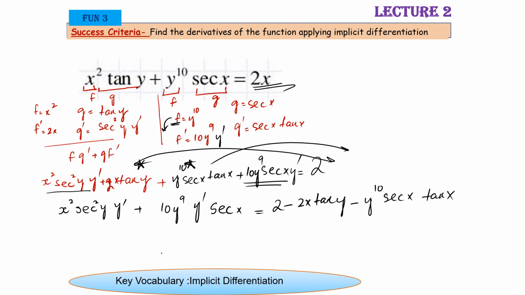Now take only the y prime as a common factor. You will be left with x square secant square y plus 10y to the power 9 secant x. And on the other side, as it is, write down.